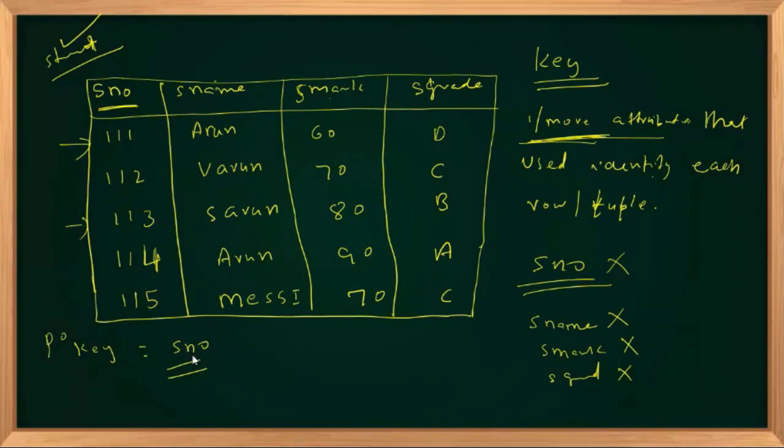Primary key is the minimum number of attributes used to uniquely identify each tuple. This table consists of only one attribute, which is enough to uniquely identify, so that is the primary key. Then what is super key?